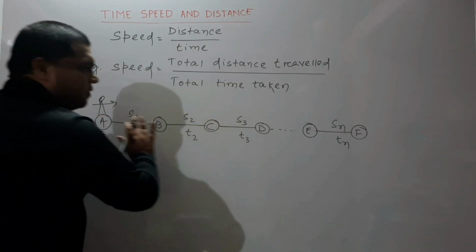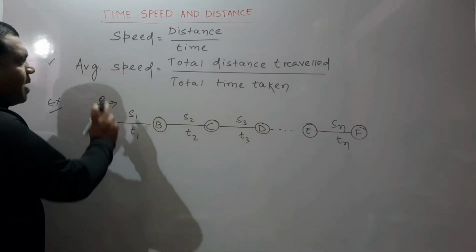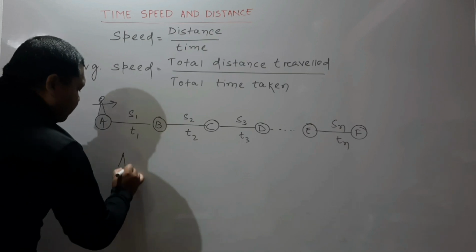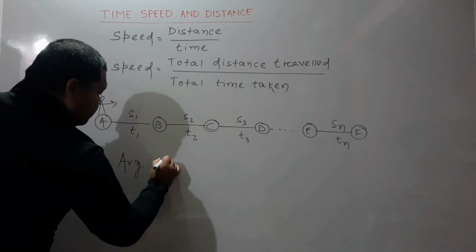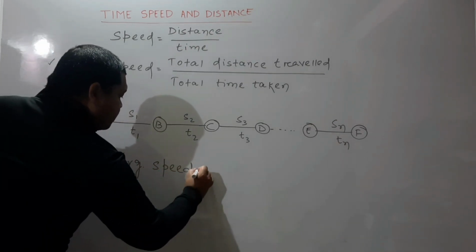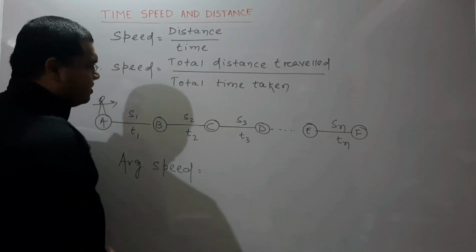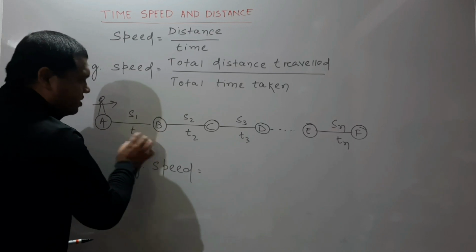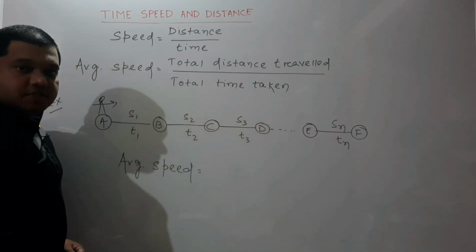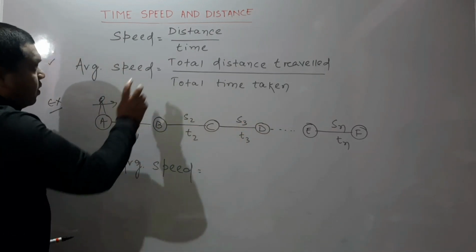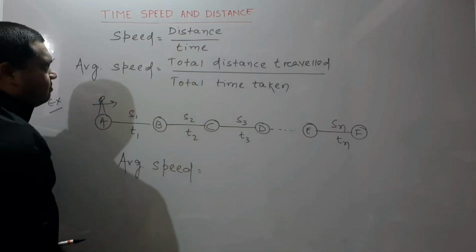So for this particular scenario, how to find the average speed? Average speed is the ratio of total distance traveled divided by total time taken. So how to find the total distance? This is very important. You know distance is speed into time.